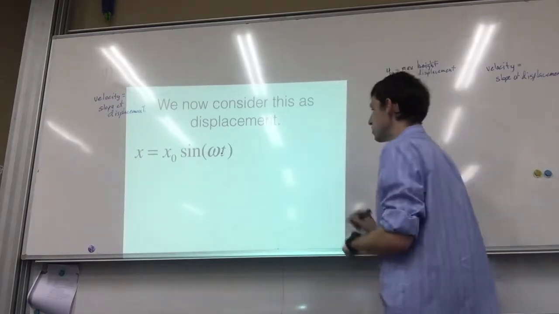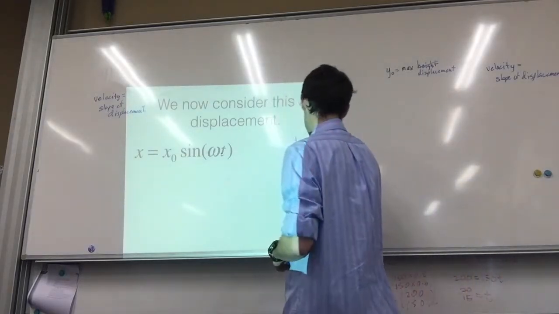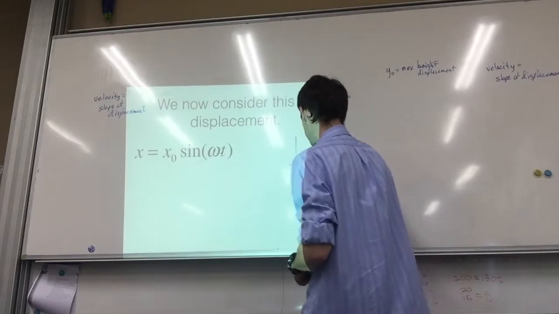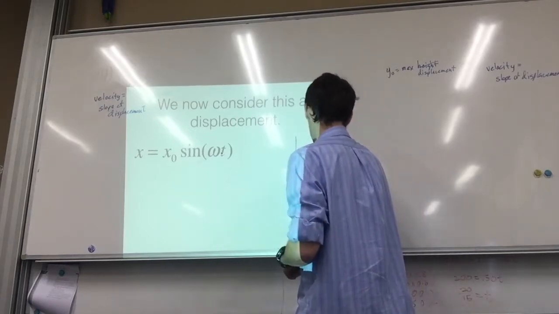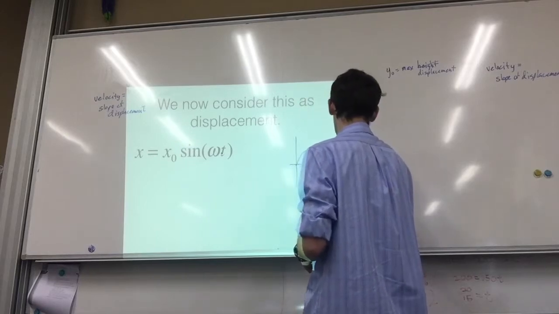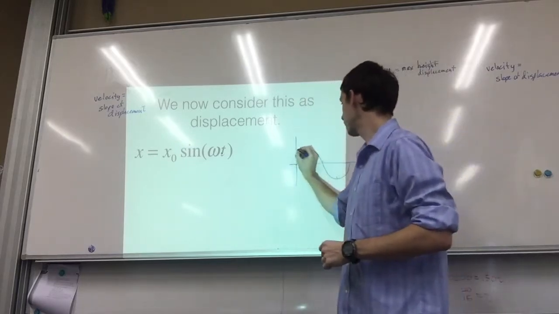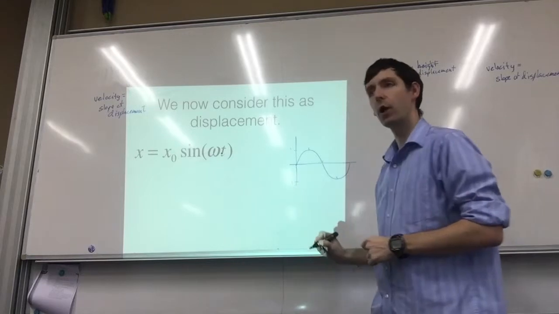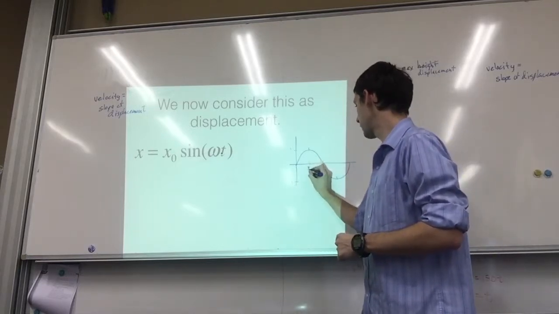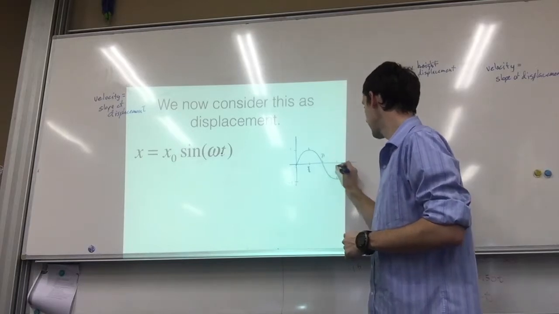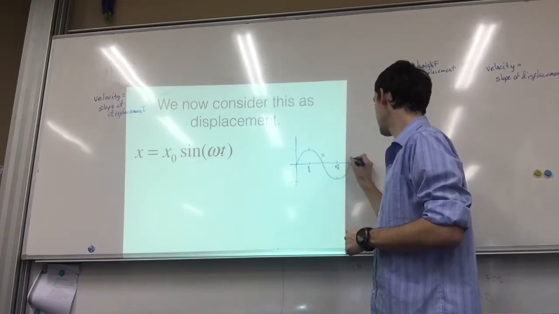But what I want us to do is look at a sine graph. So sine graph, right? Max of 1, minimum of -1. Values are pi over 2, pi, 3 pi over 2, and 2 pi.